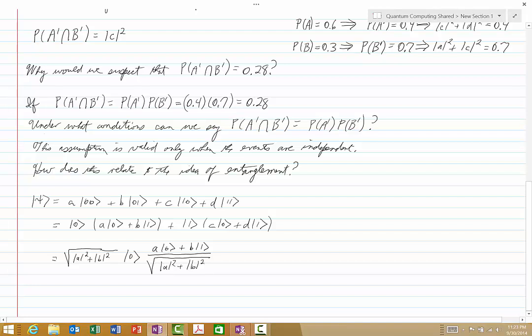And you notice that this term here is a normalized state now. It is a valid state because it is normalized. And similarly, for the second term, we would have the following.